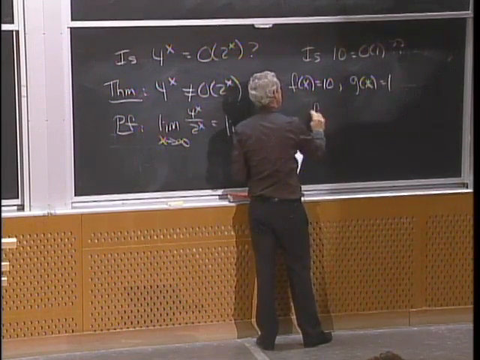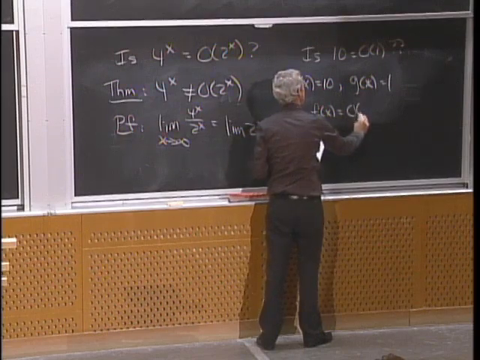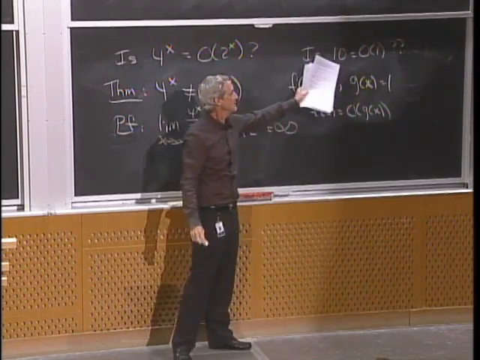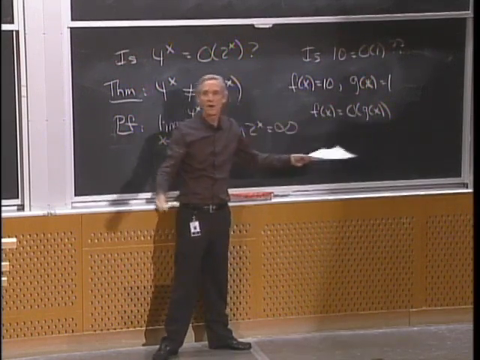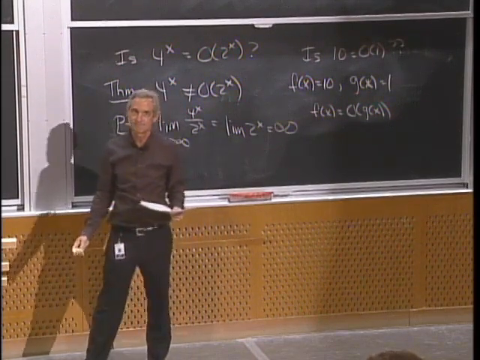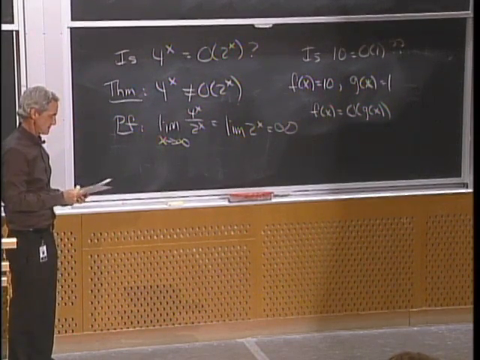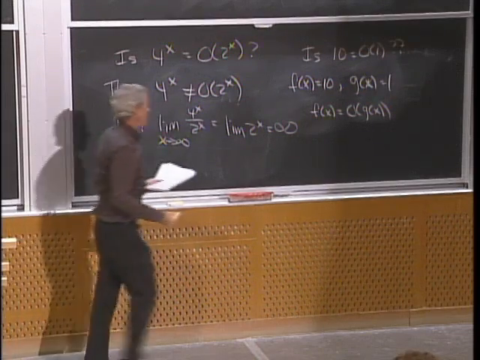Then it is true in this case that f of x is O of g of x. Any constant function is O of any other constant function. We're going to revisit this in a nastier scenario in a little bit.